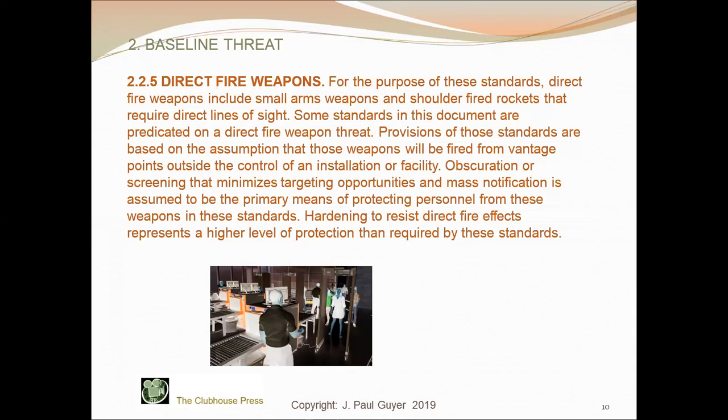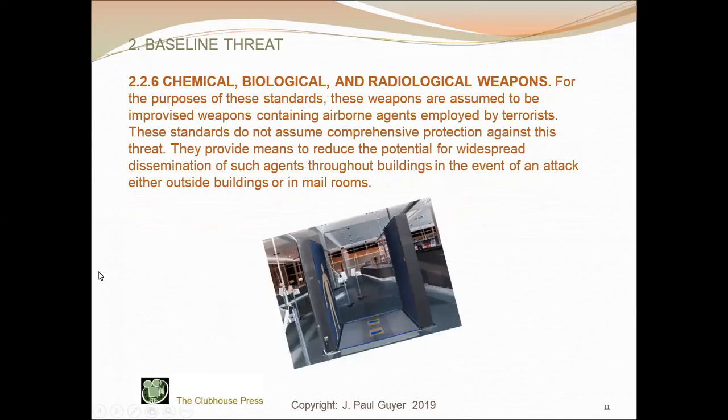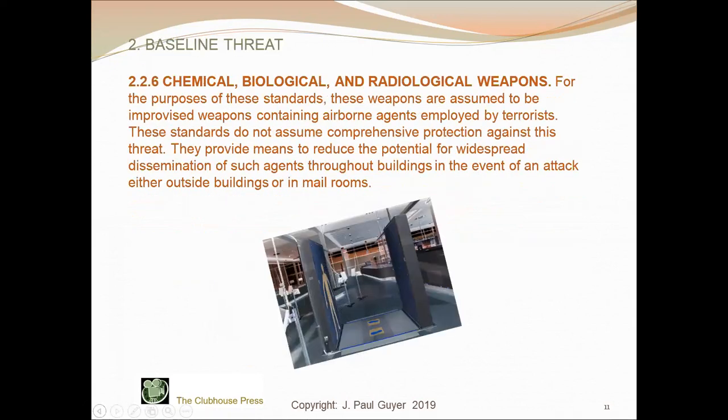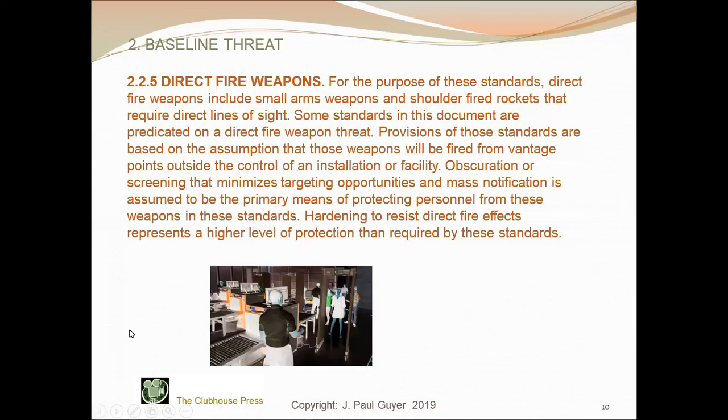And hardening to resist direct fire effects represents a higher level of protection than is required by these standards. So these standards, which we will be getting into, are not intended to protect against direct fire weapons.